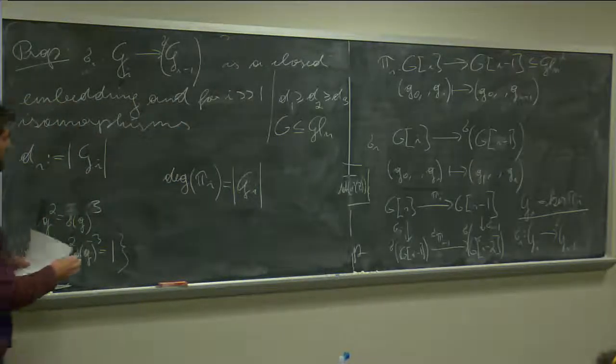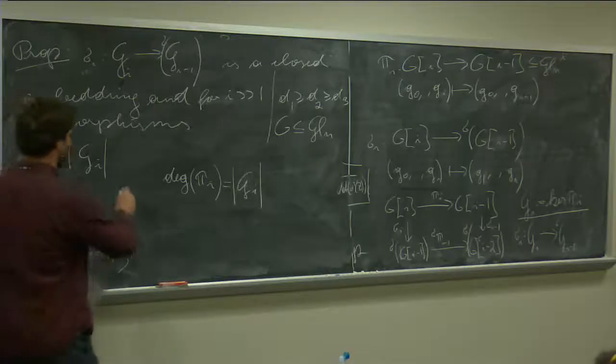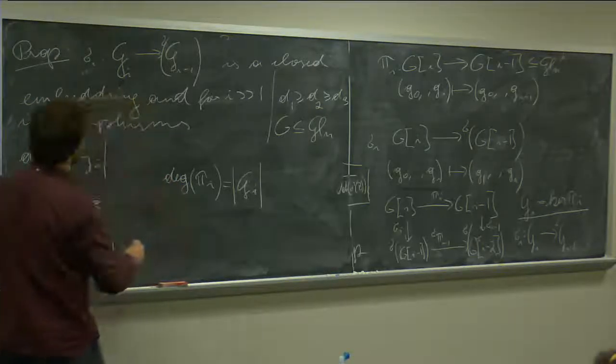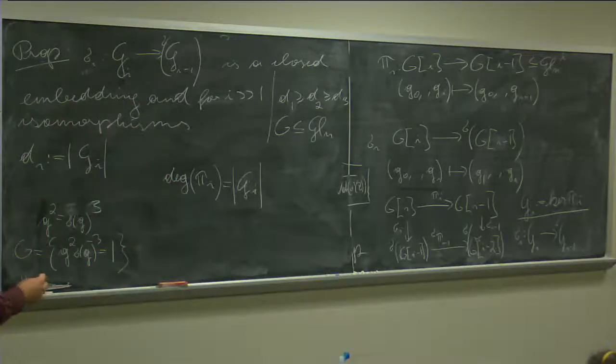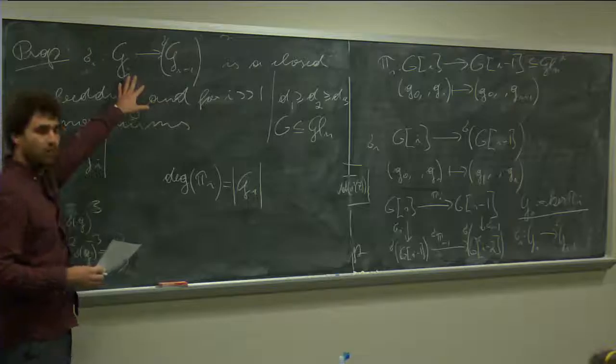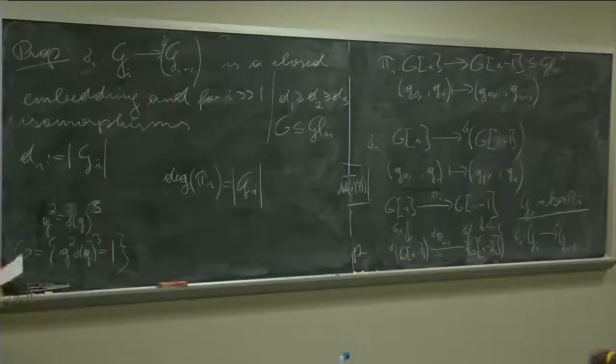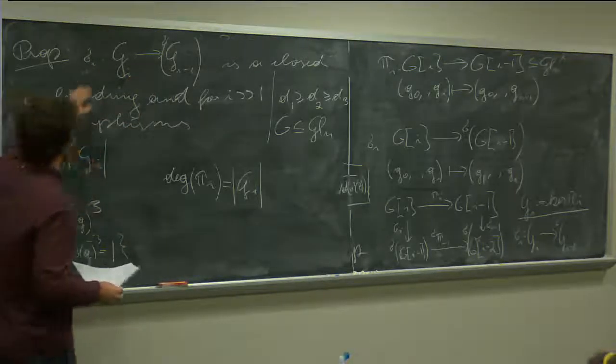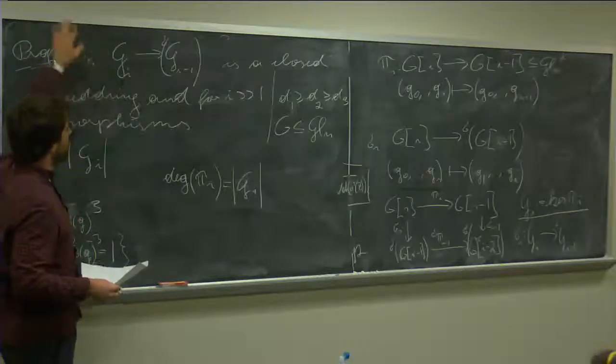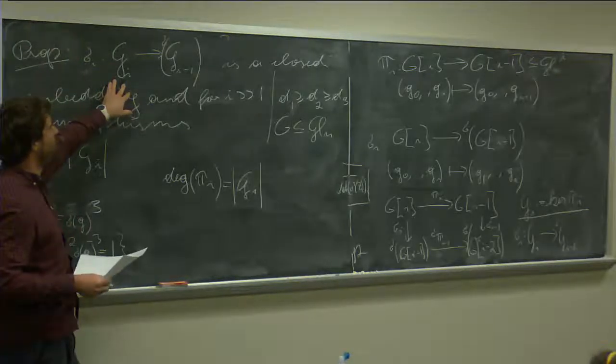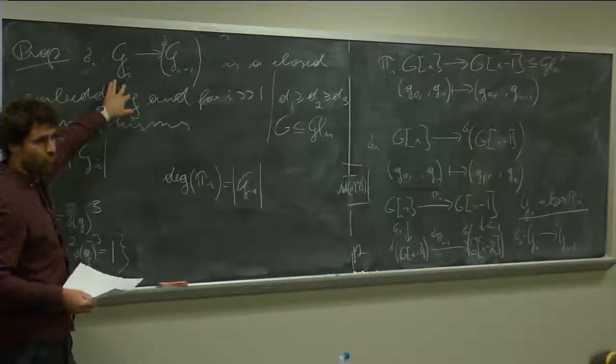So in the case when the curly G's are finite, what does closed embedding mean, other than injection? Well, this really works over any field, and the groups don't need to be reduced.